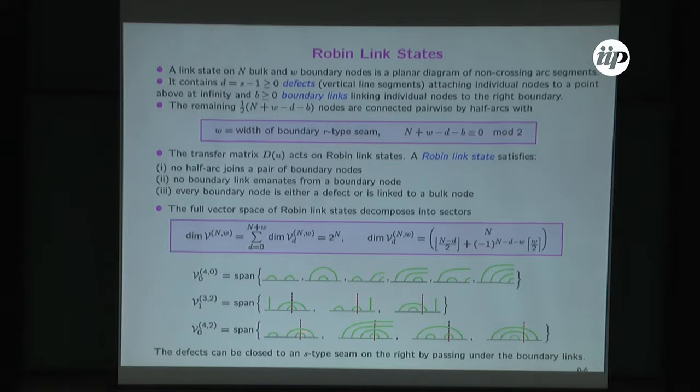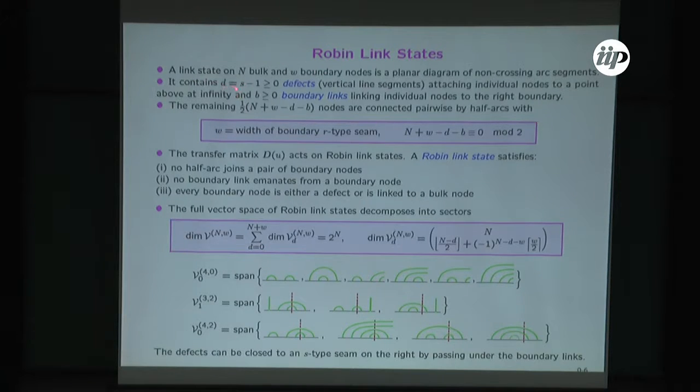So we need first to fix the vector space of linked states. A linked state on n bulk and w boundary nodes is a planar diagram of non-crossing arc segments. So these first two would be in the usual Temperley-Lieb case of the Kac boundary conditions, but now we allow half arcs to go to the right boundary.